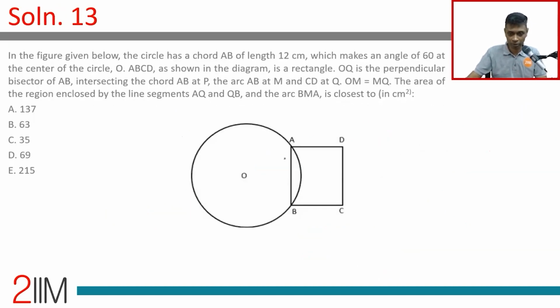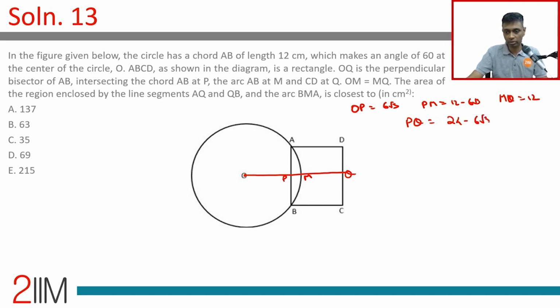I'm going to redraw this diagram to recap everything. O, M, P, Q. OP is 6 root 3. PM is 12 minus 6 root 3. MQ is 12. PQ equals 24 minus 6 root 3. All good. With this information, we can find the area of triangle ABQ.